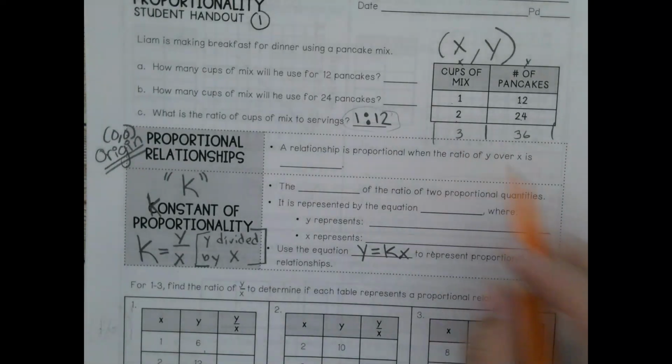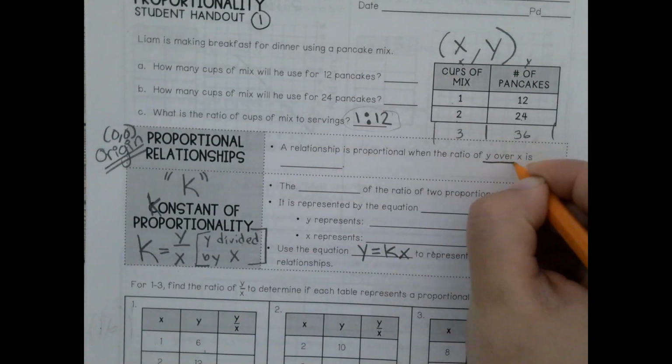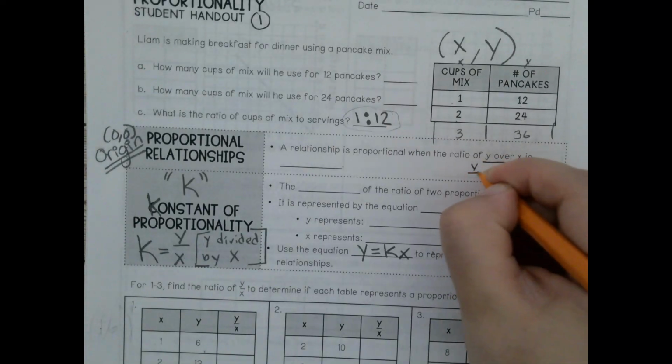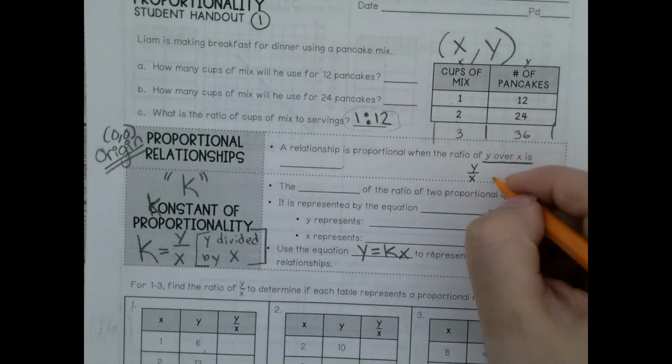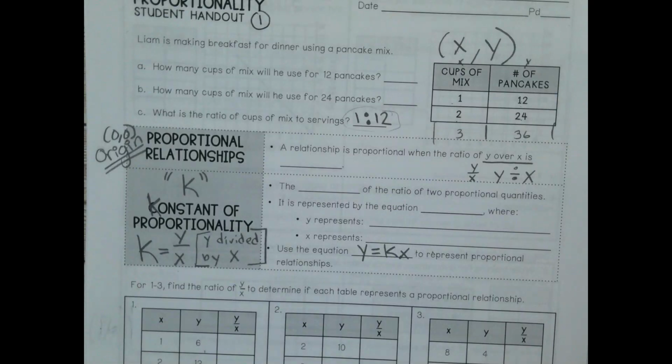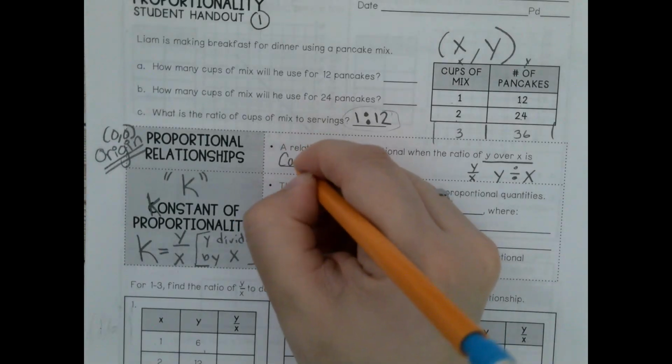Proportional relationships is y over x, right? So it looks like this, y over x, which just means y divided by x. And we call that the constant.